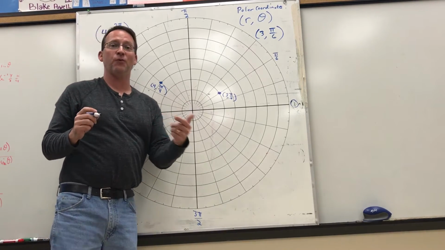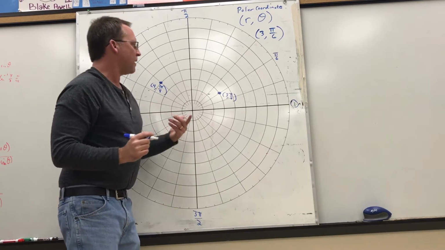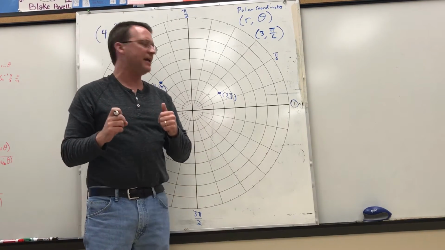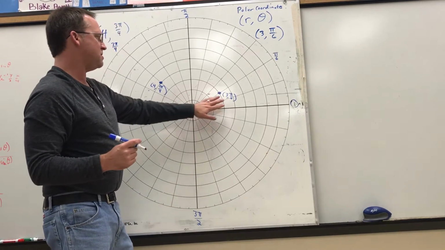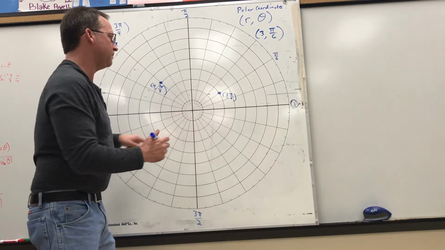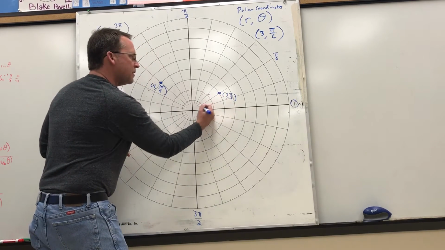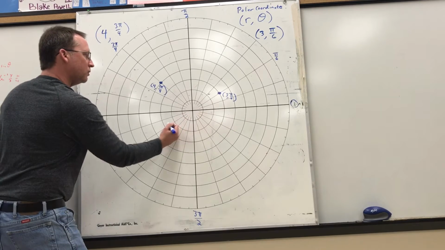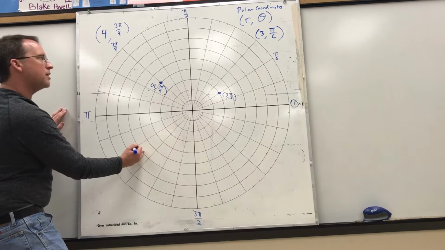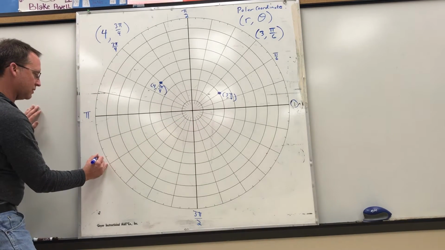It's actually a different way to write each of the coordinates because you can have the r be negative. Like here, let's say I wanted a different way to write this point. Instead of thinking about pi over 6, I could think about the other angle through here, which would be 7 pi over 6.